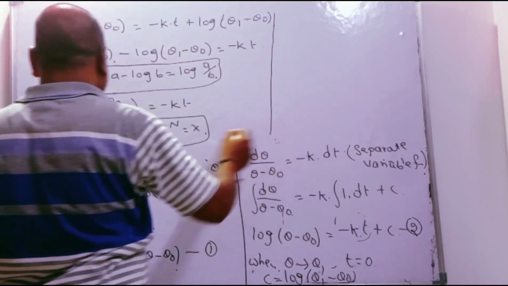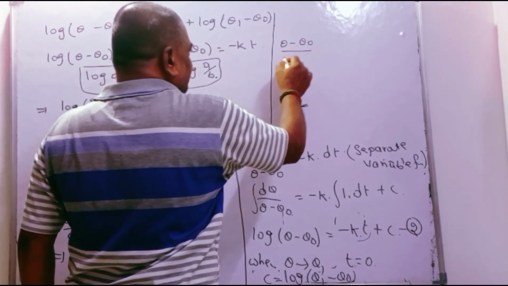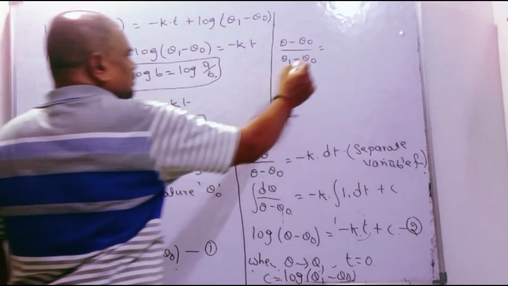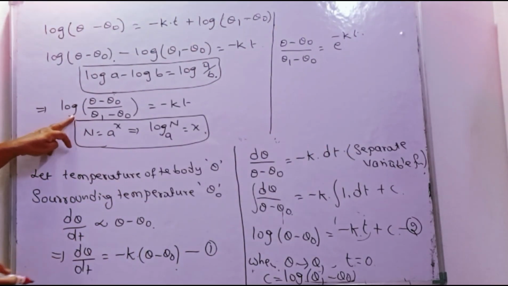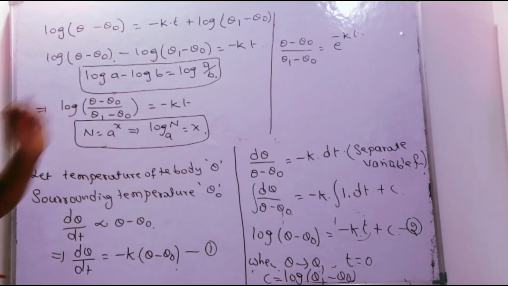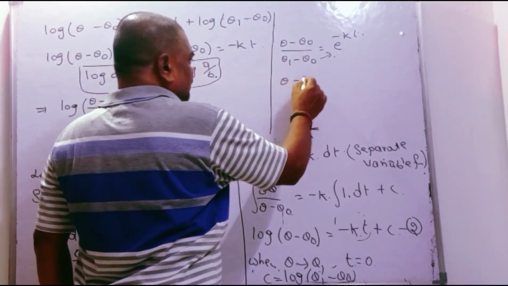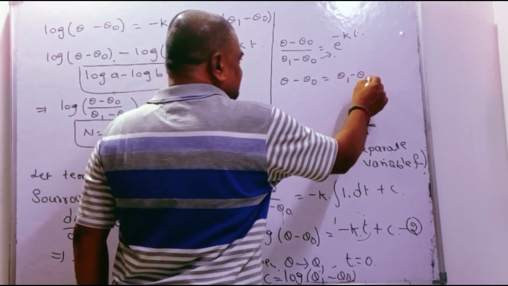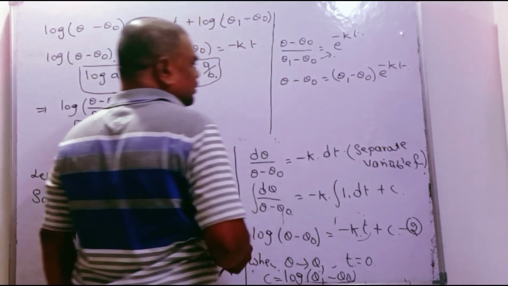Then theta minus theta 0 by theta 1 minus theta 0 equal to e power minus kt. Here, if the base of the logarithm is unknown, it is e. Then theta minus theta 0 equal to theta 1 minus theta 0 into e power minus kt.